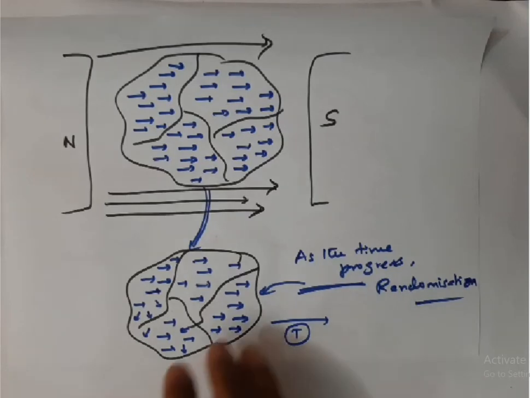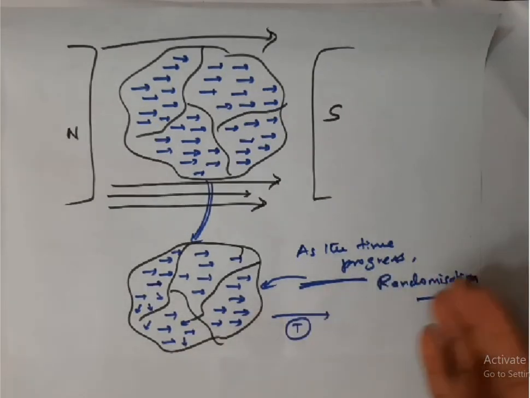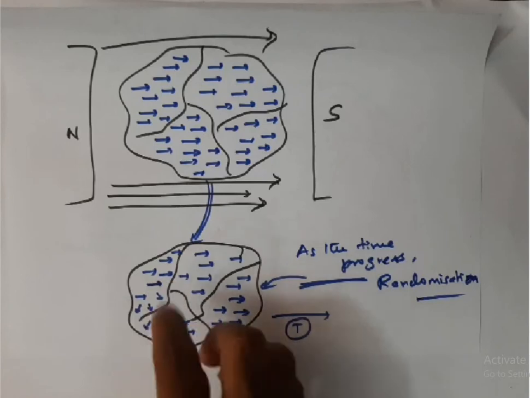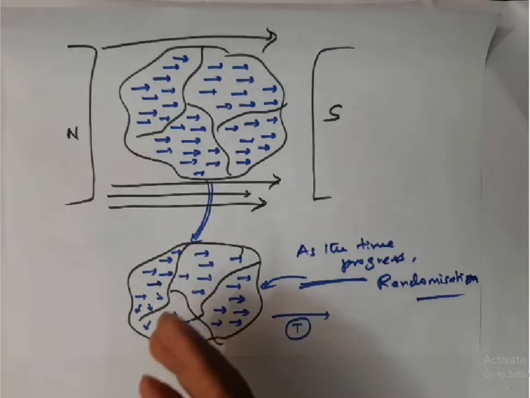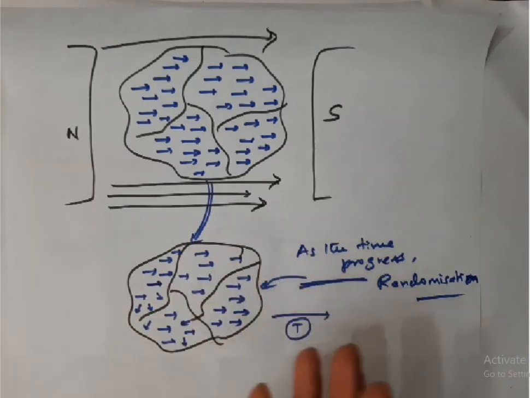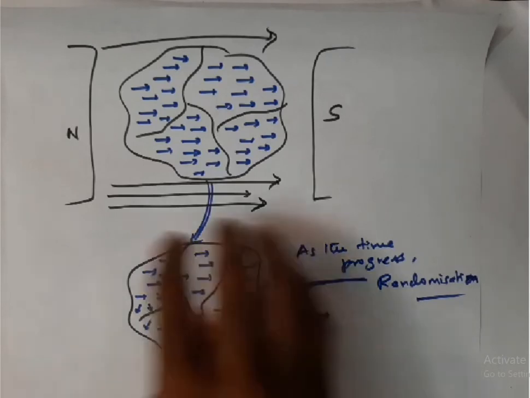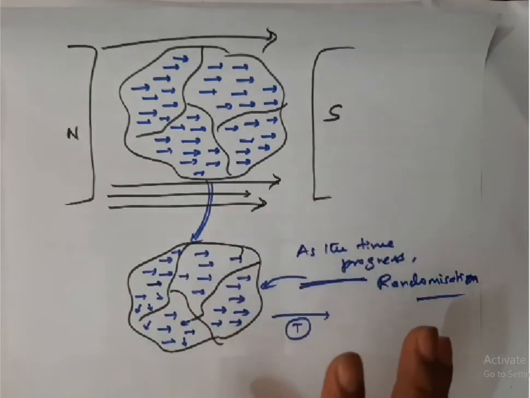But what happens after some time? As time progresses, thermal agitation will occur, slowly. So these oriented magnetic moments start to become random. Once it becomes completely random, the material will lose the magnetic character.